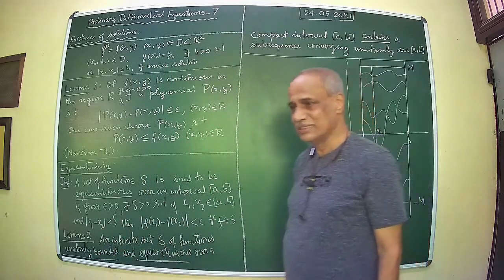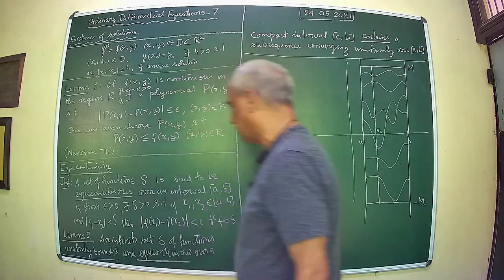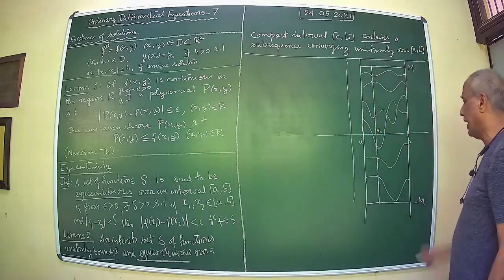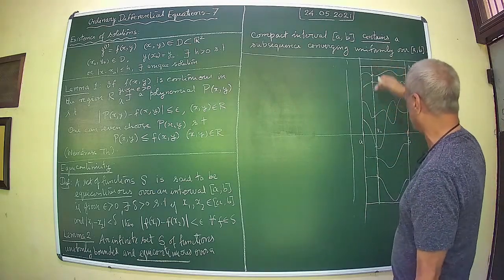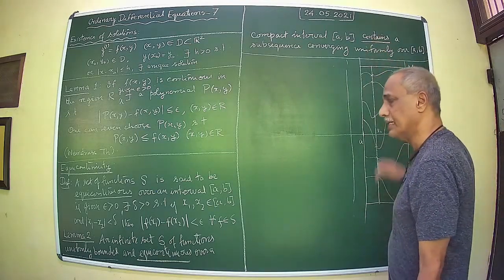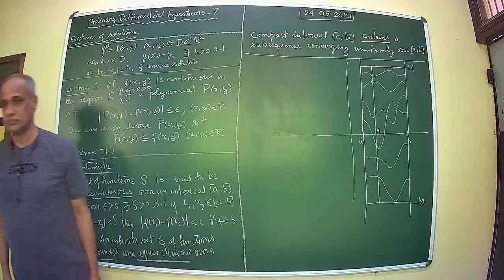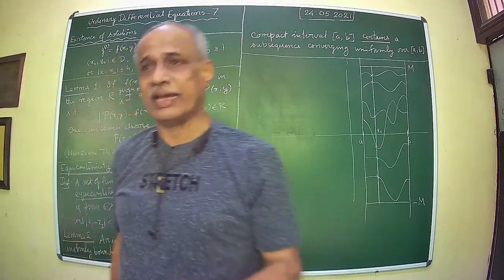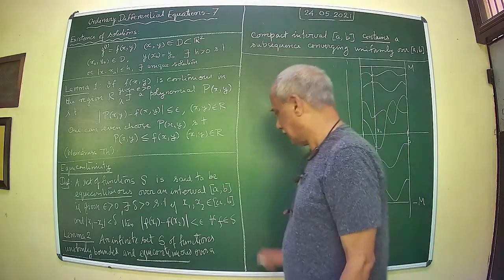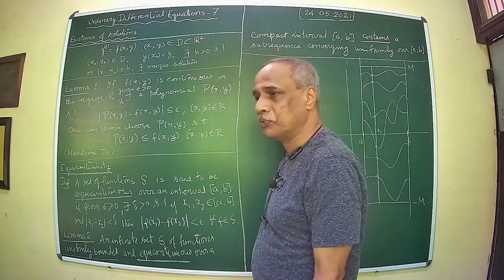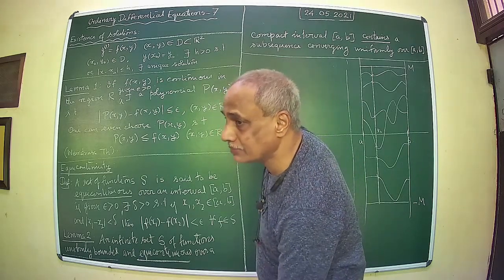So this is the importance of the concept of equicontinuity in this context. And once you have that, there are subsequences whose limits are continuous functions. Now for each of these subsequences, you show that their limit would prove to be a solution of the initial value problem that we started with.